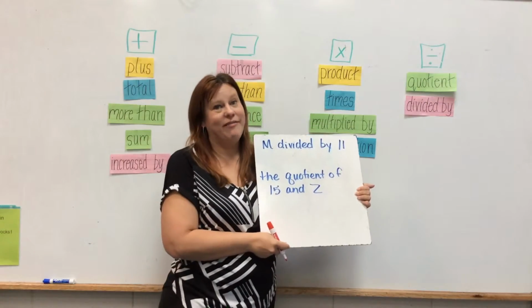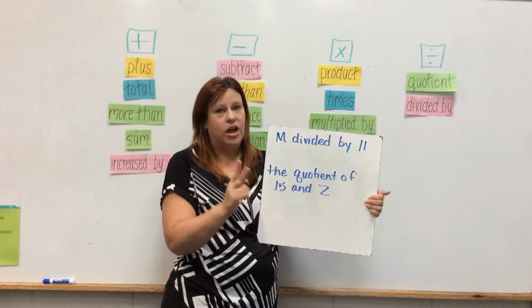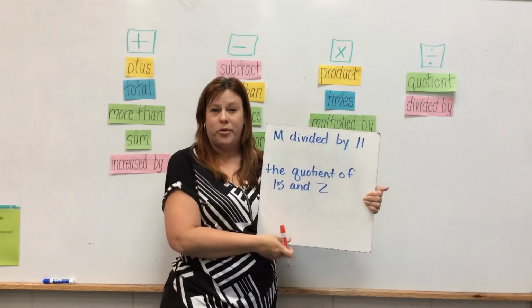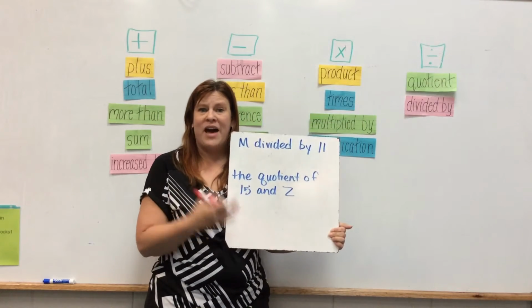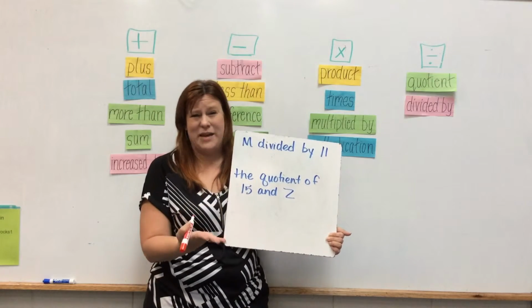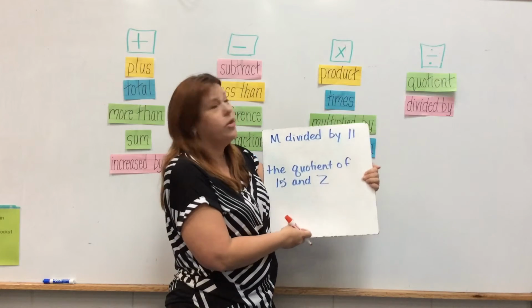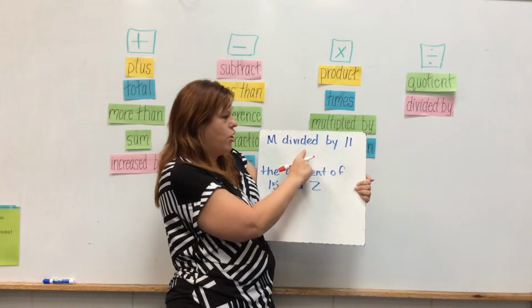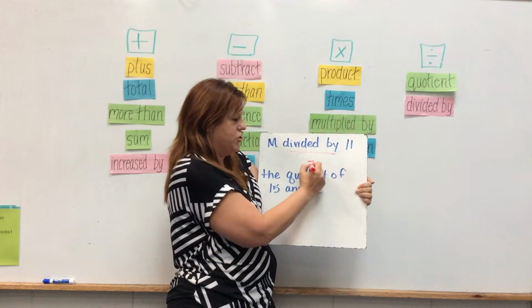Okay, division is one of those tricky ones again, because division doesn't have the commutative property, so you have to be careful what order you put it in. So what I mean by that, 4 divided by 2 gives me 2, but 2 divided by 4 gives me a half. So you see, they don't give you the same answer, so it matters what order you put it in. All right, so as soon as I see divided by, I know, okay, that means division.